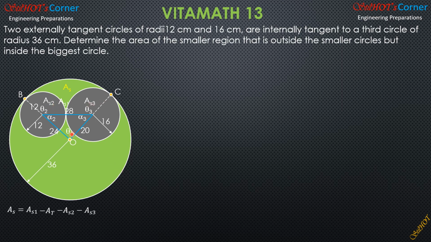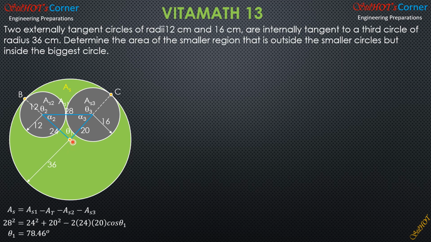So to solve for area S1, we need theta 1. So by cosine law, 28 squared equals 24 squared plus 20 squared minus 2 times 24 times 20 cosine of theta 1. So using your calculator, theta 1 equals 78.46 degrees.